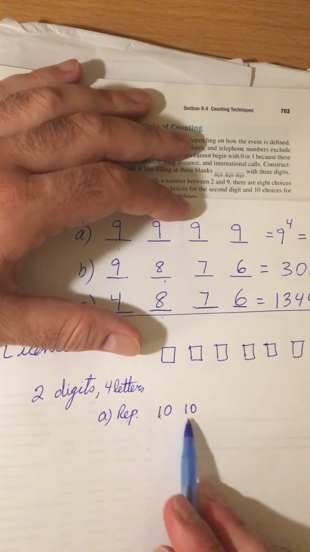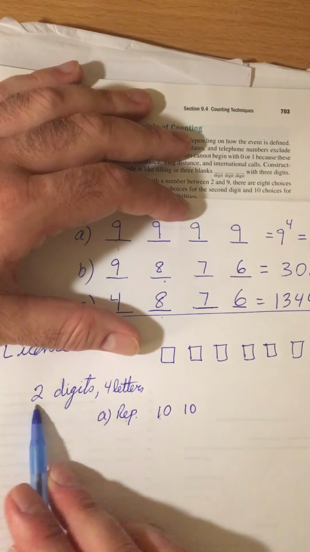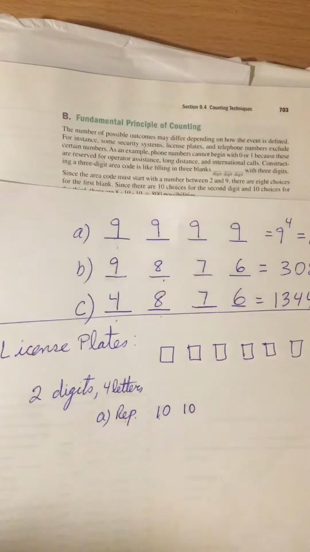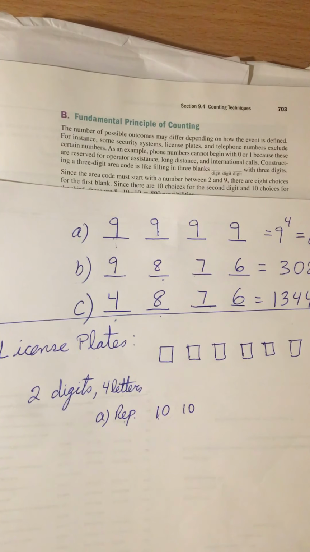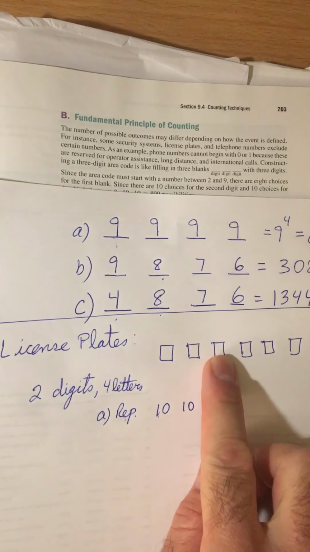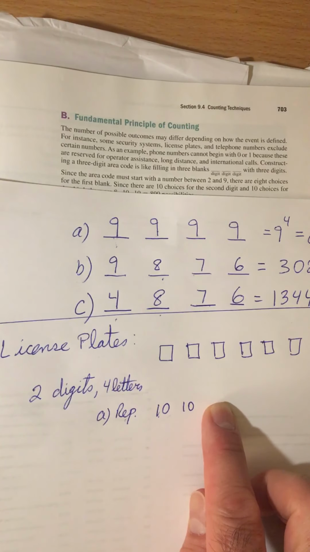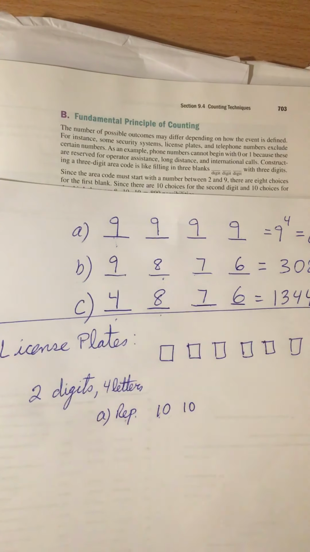All right, I'm done with the digits because it only has to have 2 digits, now 4 letters. Now, we are talking about the English alphabet, which has 26 letters in it. So for the first position, I can pick any of those letters.